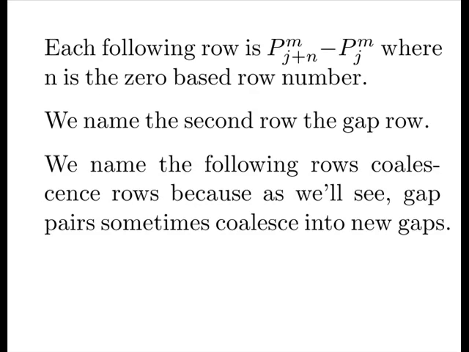Given some index j, it is the nth plus j member, minus the jth member, where n is the zero-based row number. We name the second row the gap row. We name the following rows coalescence rows because, as we'll see, gap pairs sometimes coalesce into new gaps.